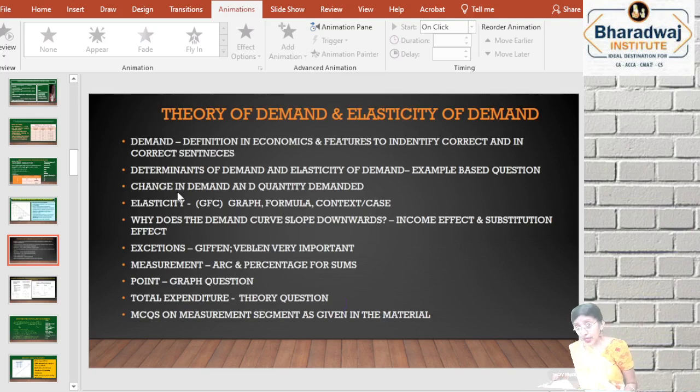And when they say calculate price elasticity of demand, especially mentioning use arc method, use arc method. Otherwise, go by percentage method. No, don't be looking at the book. Already I gave you time to look at the book. Arc method.